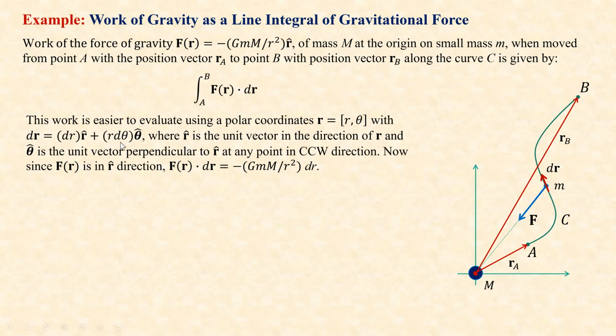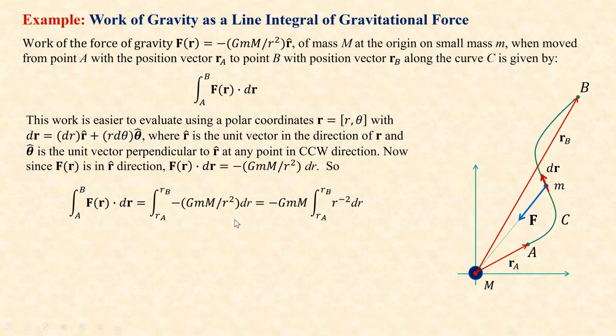This term goes away, and the dot product becomes just negative GMm over r squared dr. Then the integral becomes negative GMm over r squared dr from r_A to r_B. Why is it from r_A to r_B? Because we only have an integral in the r direction. We don't have anything in the theta direction, so it depends only on how much r changes.